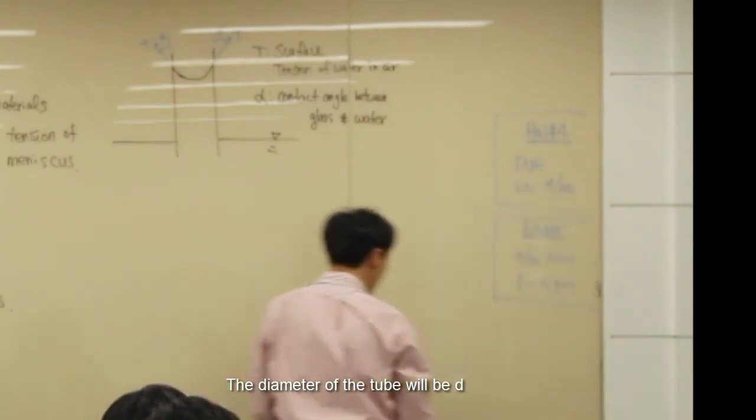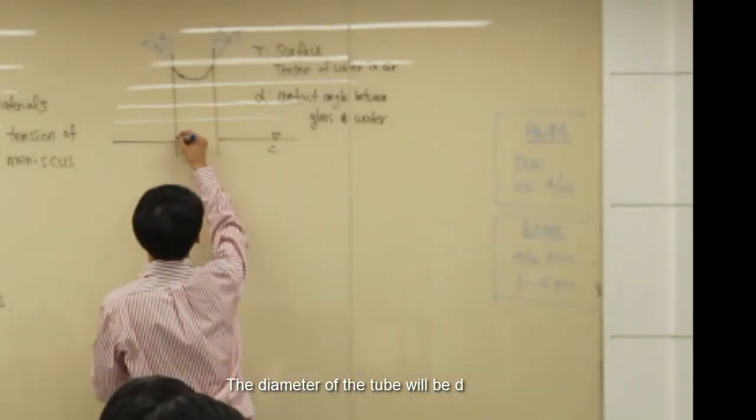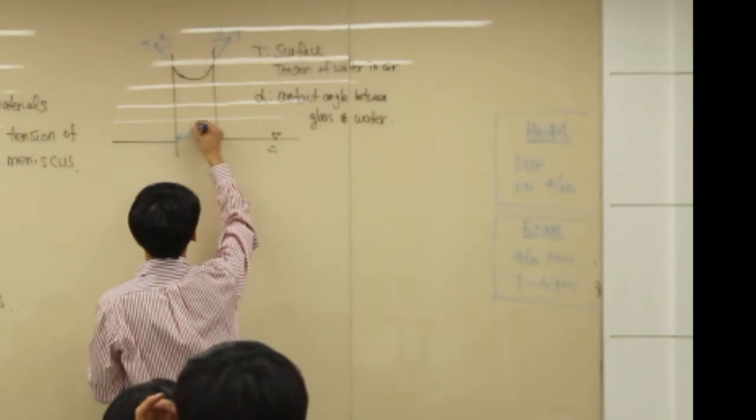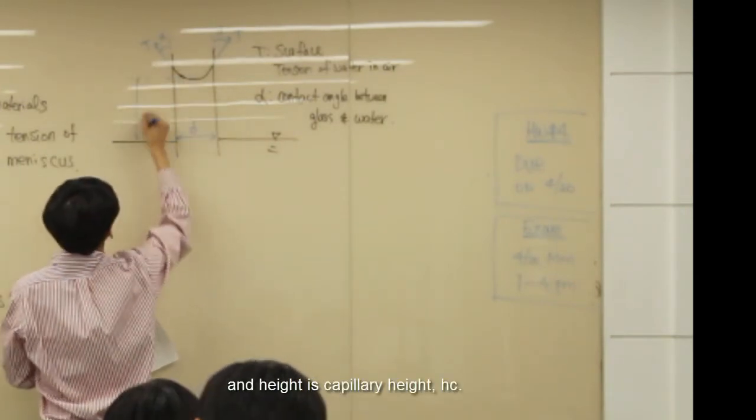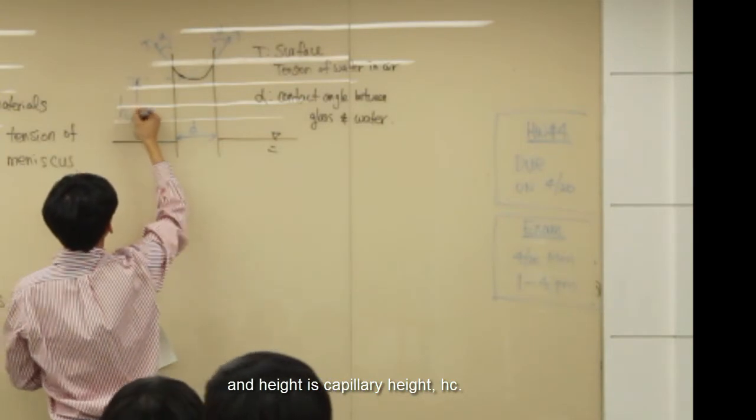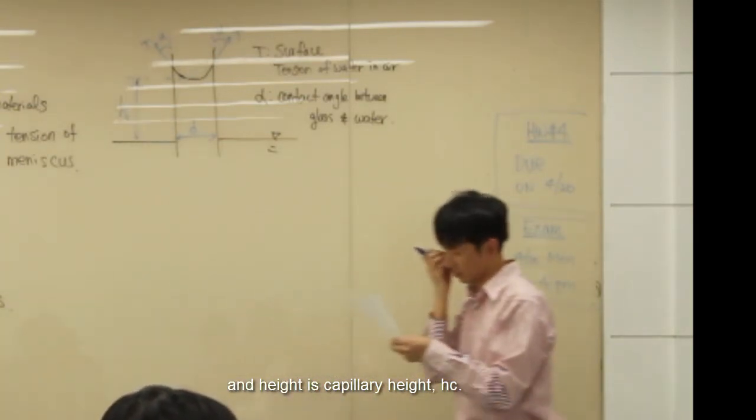In this case, the diameter will be D, and the height is called the capillary rise, HC.